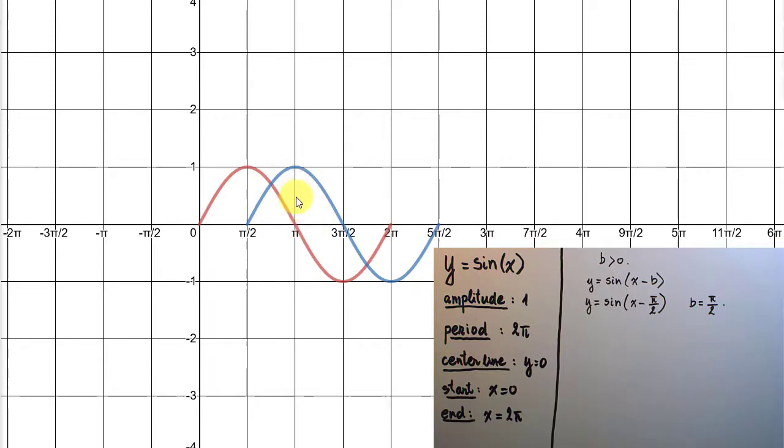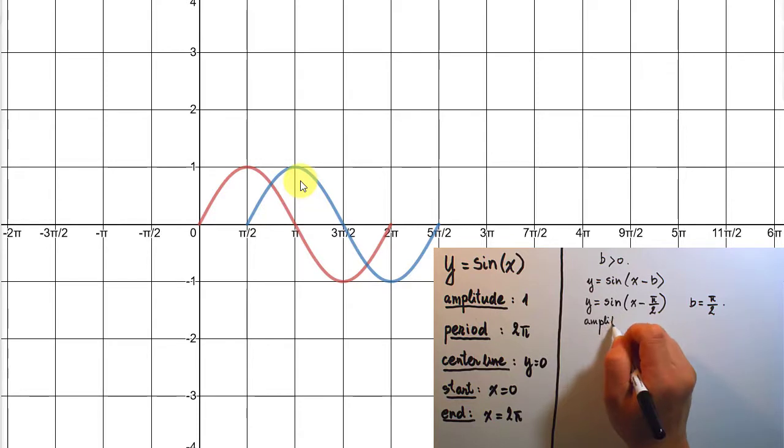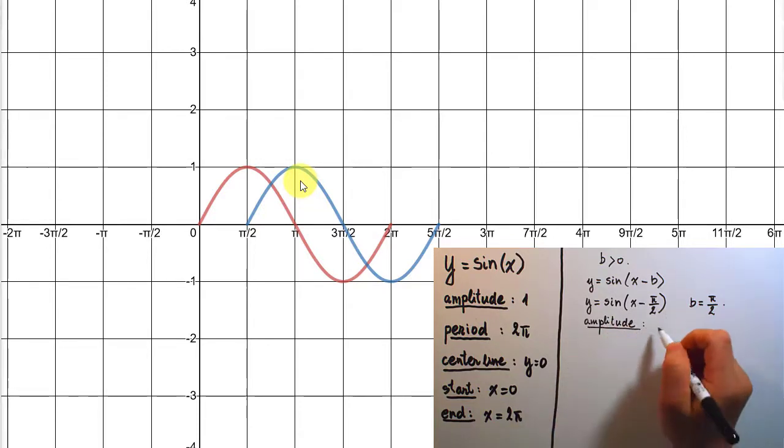And for the bottom peak, from where the center line is, this graph in blue also goes as low as the red graph did. So now we can say that this blue graph has amplitude the same as the original sine of x, being 1.